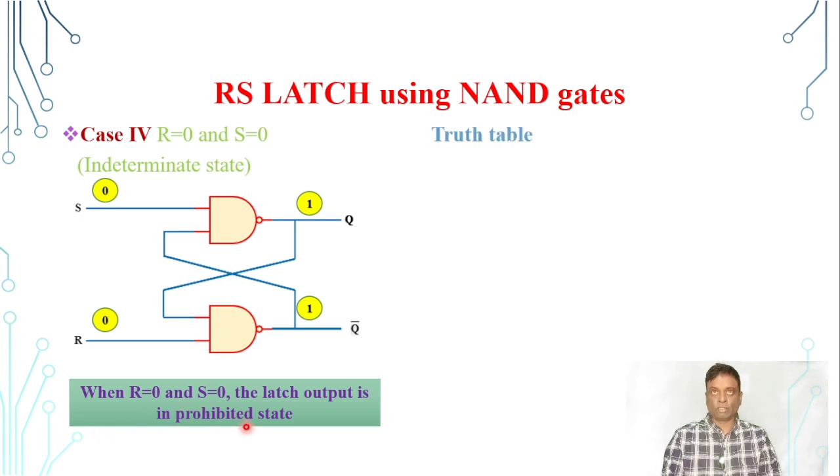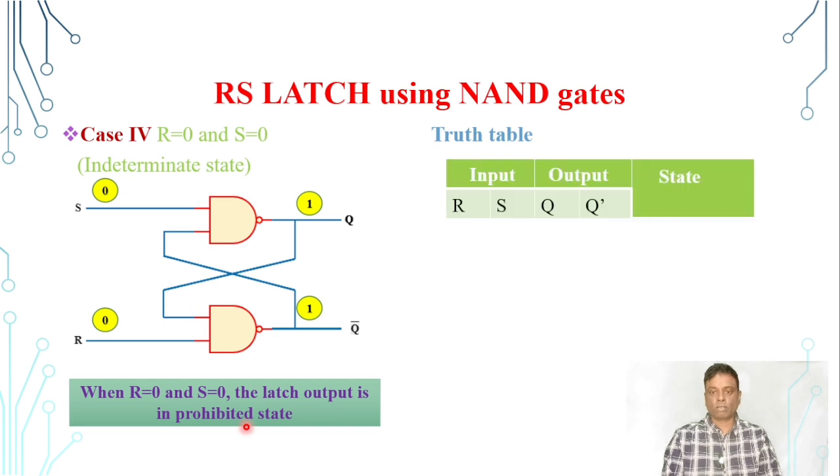So let us summarize in the form of the truth table. R and S are the two inputs, and Q and Q complement are the two outputs. For 0, 0, that is called the indeterminate state or the prohibited state. In order to reset the latch, we have to apply R equal to 0 and S equal to 1.